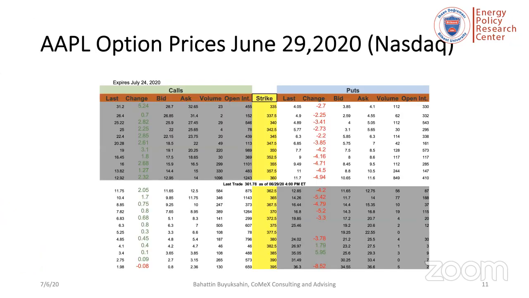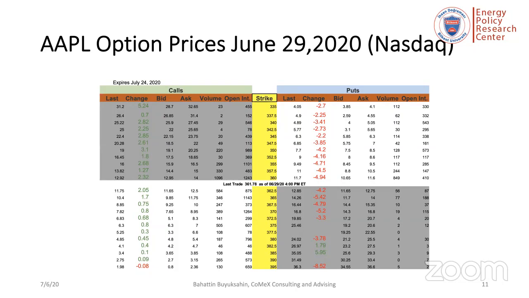Let's look at an example, an Apple option. The date is June 29, 2020, and the option expires July 24, 2020. As you see, we have the call option with a strike price of 335. The current price for Apple at that time is 361.